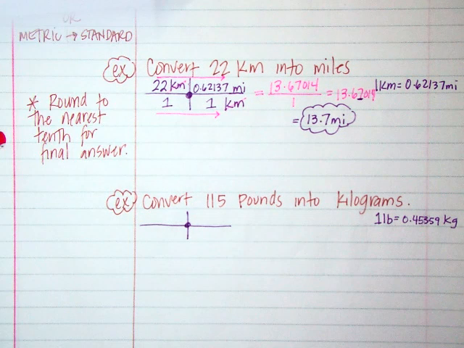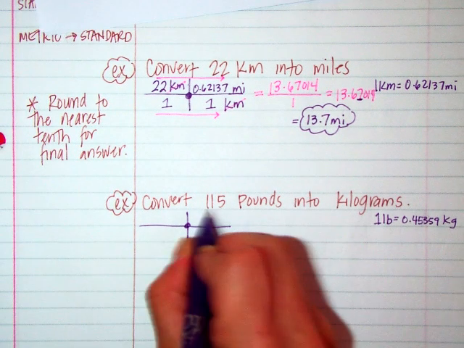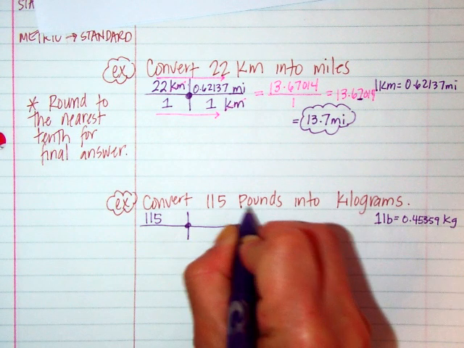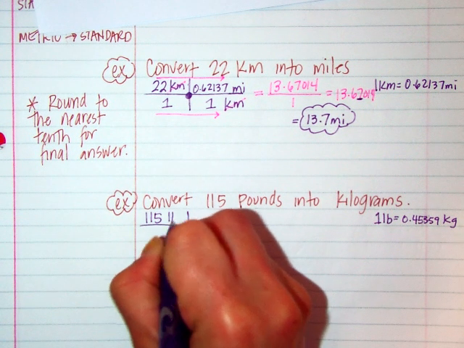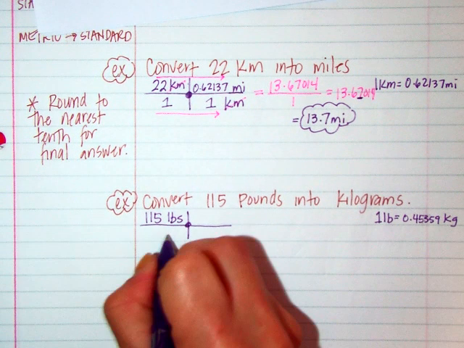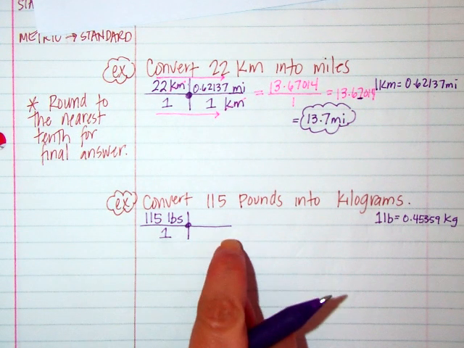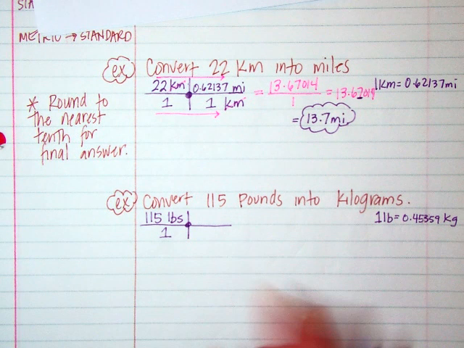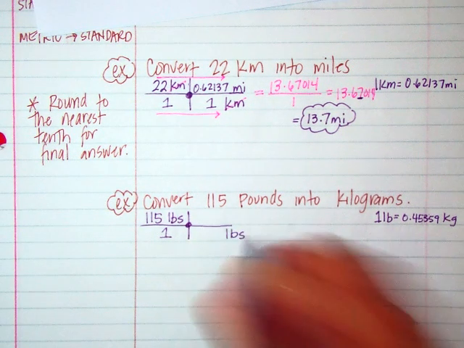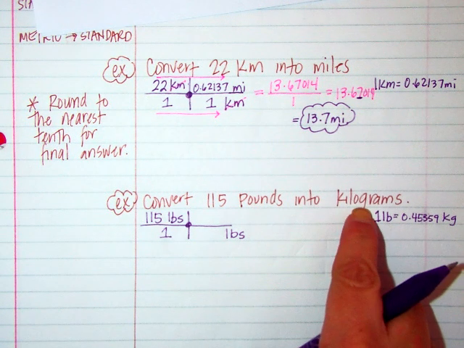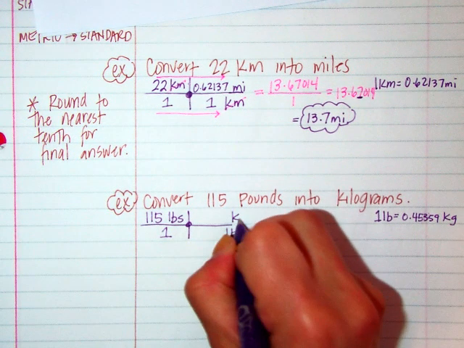Okay, so we're starting off with 115 pounds, so that means it's 115 pounds. Remember, is LBS. This is over 1. Diagonal from pounds, I want to see that same label LBS here. And we're going to turn these pounds into kilograms. And we did find that relationship.